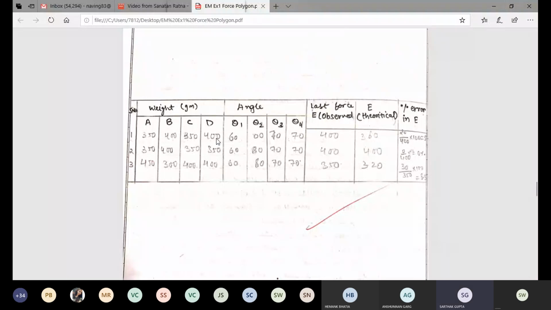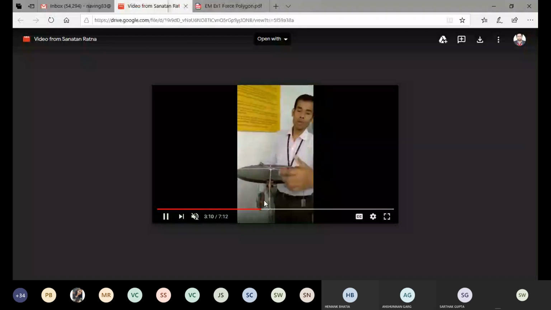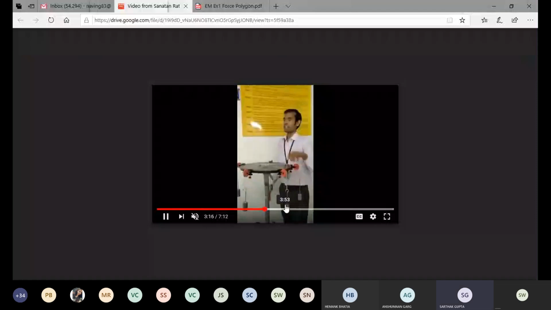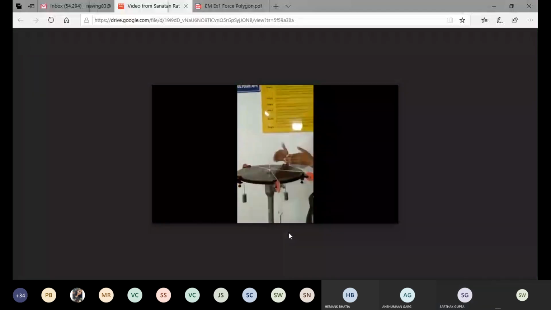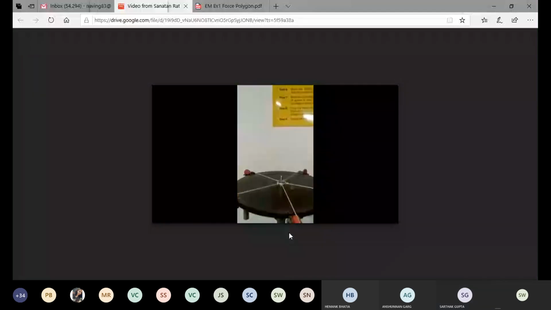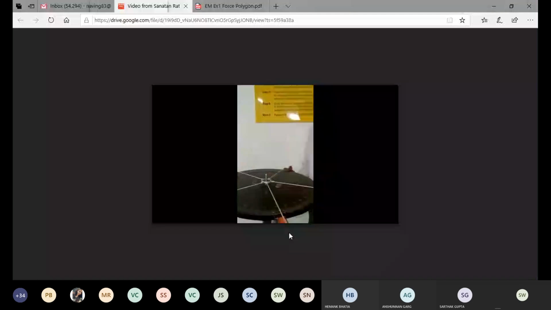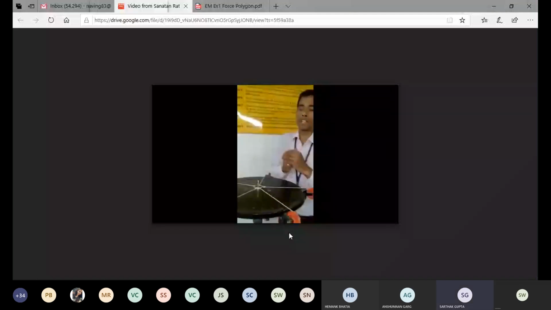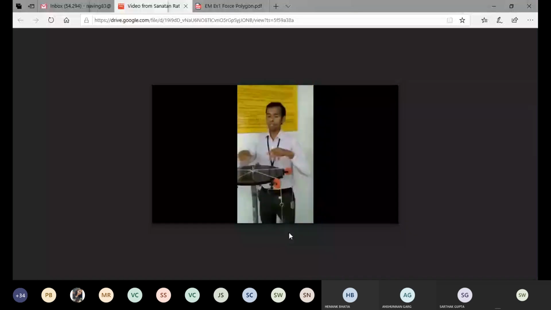We have to add all these small weights. You can see a number of weights are there, 1, 2, 3, 4, 5, 6. We have to add these different weights, and each weight is 50 gram. So the total will be 50 into 6, that is simply 300. This is the weight which is hanging through A, B, C, and D.